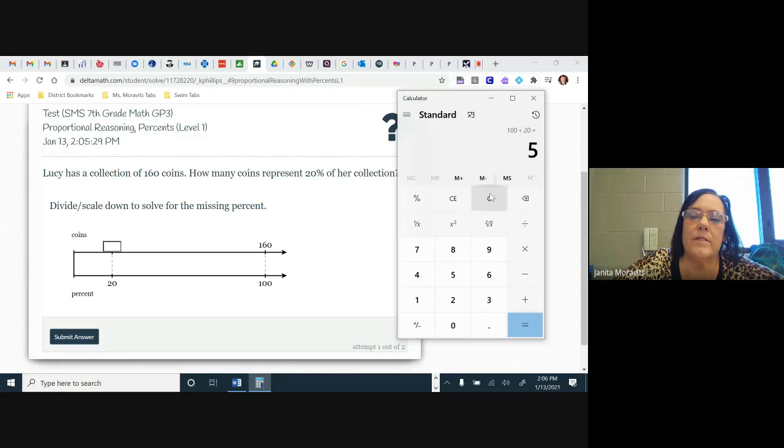All right, so we're going to do the same thing to the top. Let's clear this out because we're going to end up having to divide by 5, because divided by 5 gave us 20. So 160 divided by 5 is what we need to do next. 160 divided by 5 equals 32.